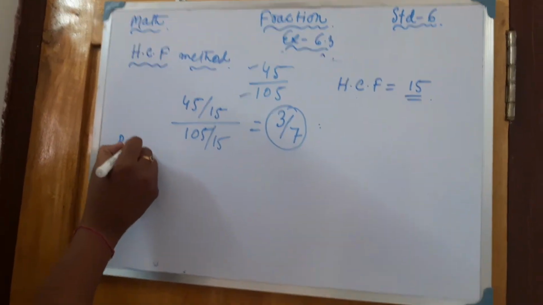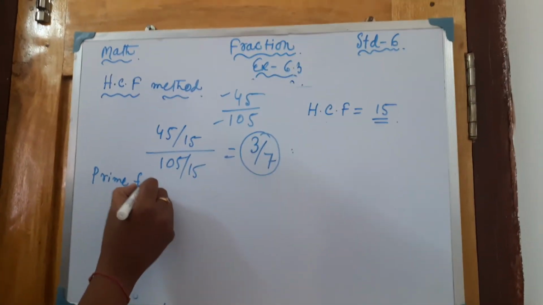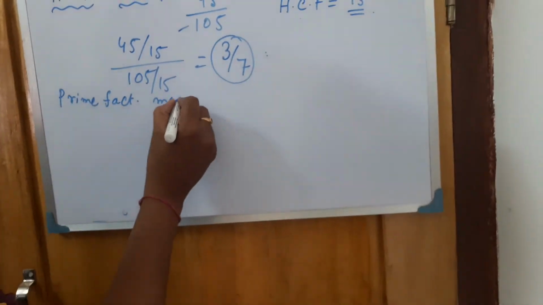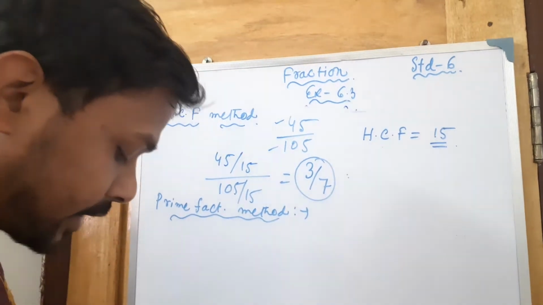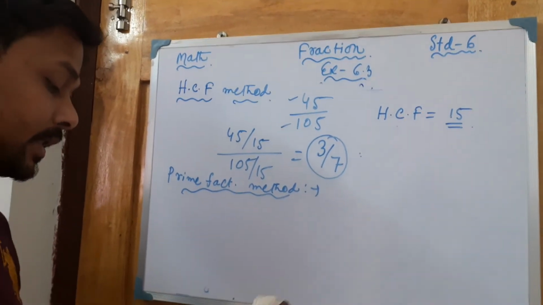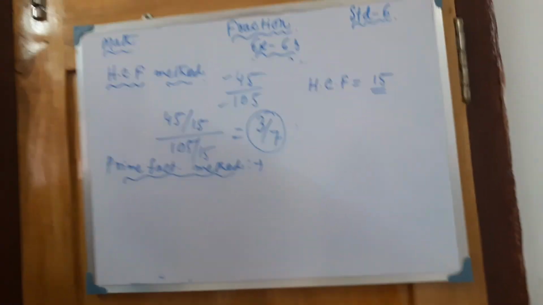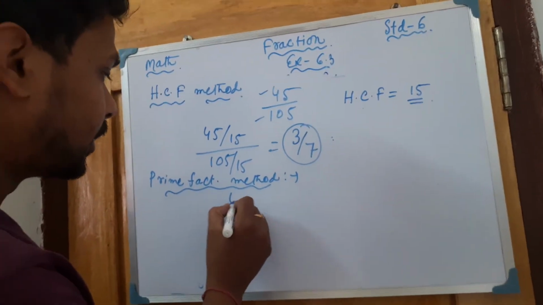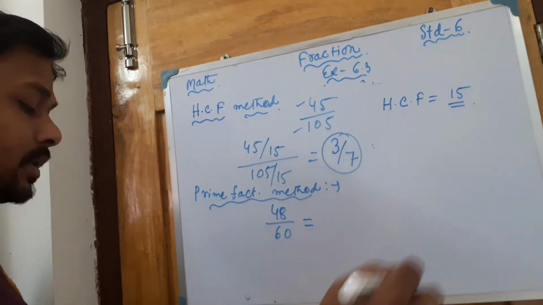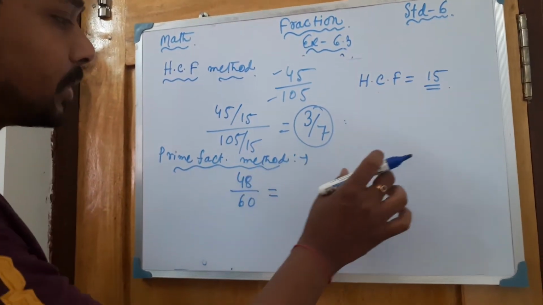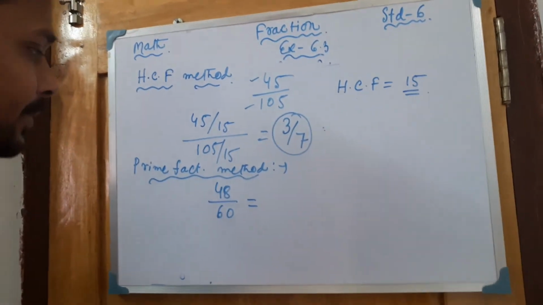And the second one is the prime factorization method. One example I am taking, and then I will tell you how to do that. For the prime factorization method, suppose you take 48 divided by 60. Prime factorization means you have to spread it into prime factors. You know that one.